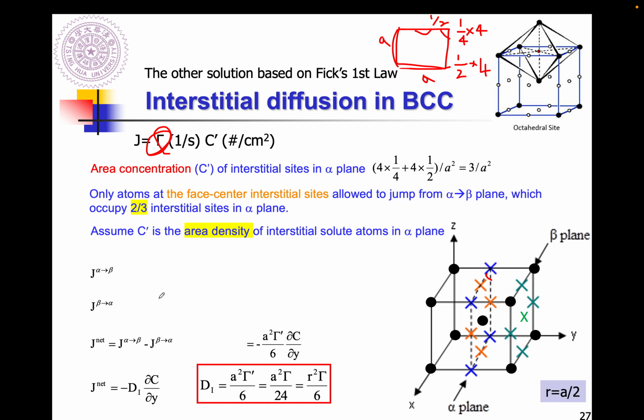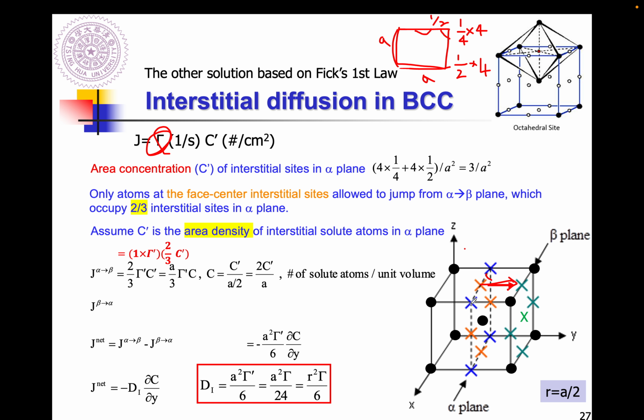So from alpha to beta, if you are a solute atom located at this orange site, you can make a successful jump to the right-hand side, as I drew, right? But if you were here, there's a host atom, so you cannot make a successful jump to beta. The same logic applies here.